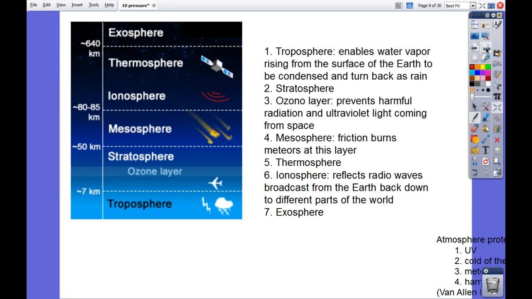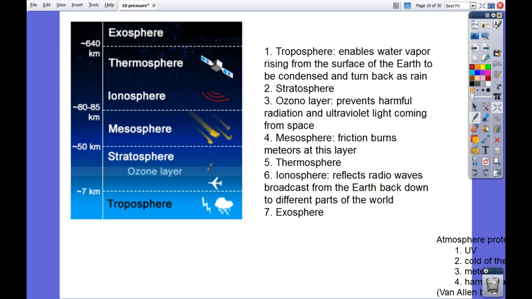Next. So here are the several layers of our atmosphere. Here is the troposphere, where the cloud and rain and thunder are produced, and above that is where planes fly.